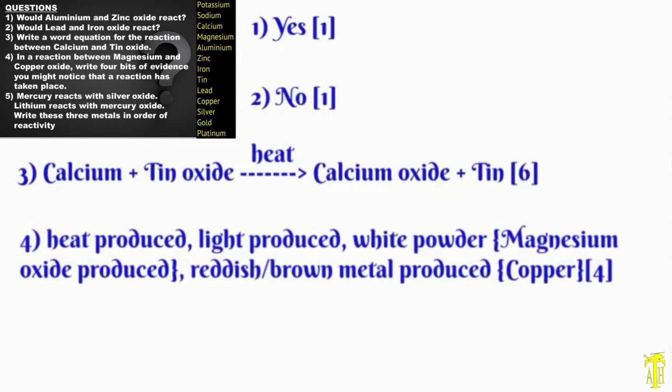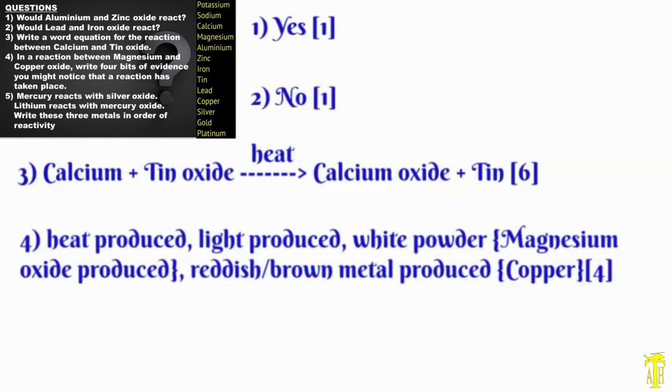Question number 5. Mercury reacts with silver oxide. Lithium reacts with mercury oxide. So write these 3 metals in order of reactivity. So 2 of those aren't on our reactivity series, so we're going to have to work this out. So mercury reacts with silver oxide, so it's taking away the oxygen, so we know that mercury is above silver.